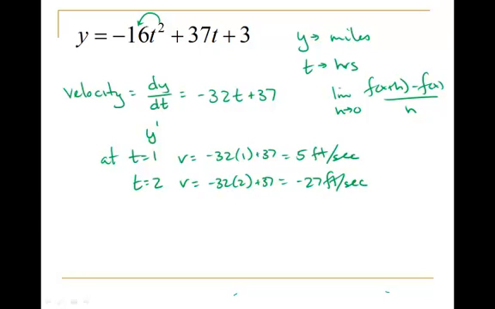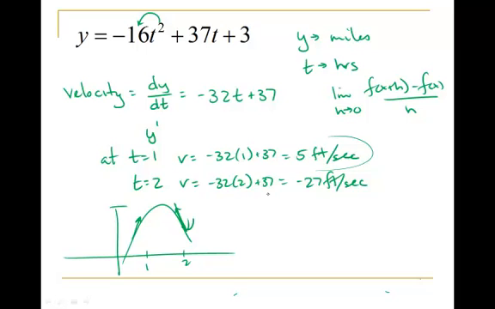So what's happening here, let's say that this is our typical upside down parabolic curve, and at t equals 1, my velocity is positive, which means that the distance is increasing, and then by the time I get to t equals 2, my velocity is negative, which means that my distance is decreasing.